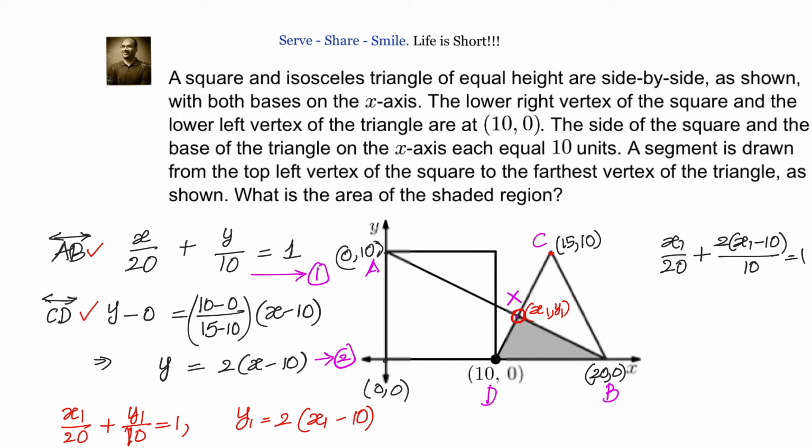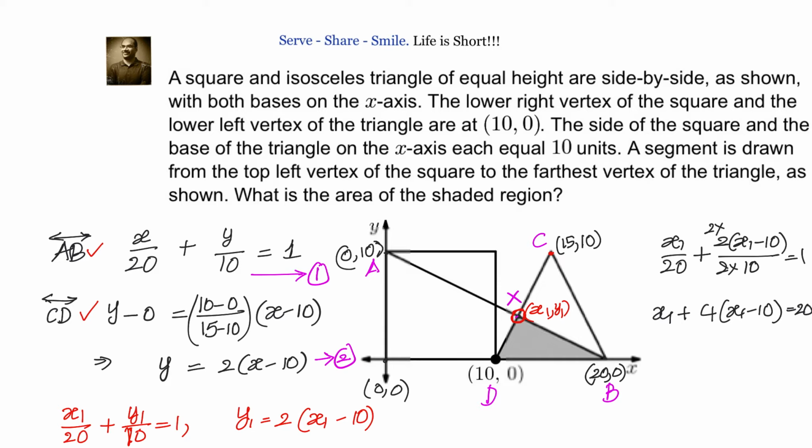Now we can take the LCM here. We'll multiply with 2 and 2 here so that the denominator will become 20. Can I write down then x1 plus 4 into x1 minus 10 equals 20?